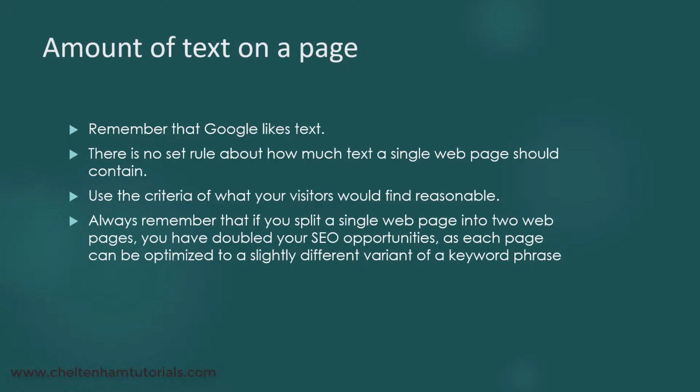The other advice is, if you've got an awful lot of information, think about splitting it, group the information into different themes, and maybe instead of one very long page, have 2 or 3 separate pages, all focused on a different keyword phrase. But that said, don't be afraid of having a lot of text on a page. Google loves it.